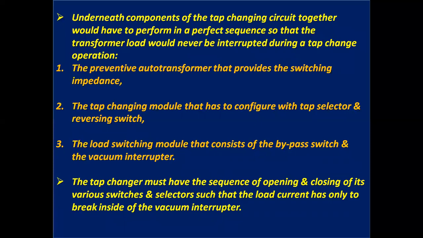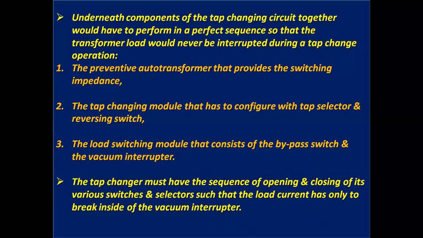Underneath, the components of the tap changing circuit together would have to perform in a perfect sequence so that the transformer load would never be interrupted during a tap change operation. Number 1, the preventive autotransformer that provides the switching impedance.